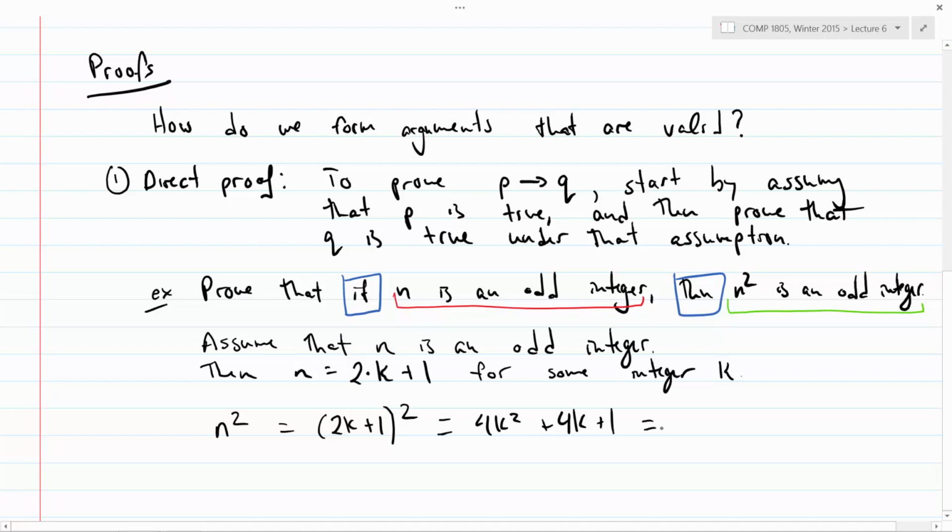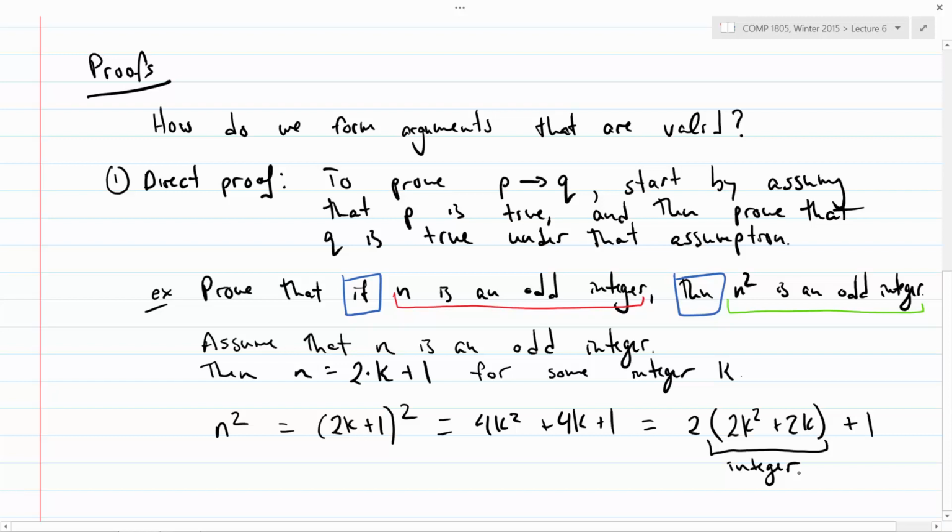Okay, well, remember odd numbers have the form 2 times an integer plus 1. So if I factor out a 2 from the first 2 terms, I'm left with 2k squared plus 2k, and then I still have that 1 hanging around. And if k is an integer, then 2k squared plus 2k is also an integer.